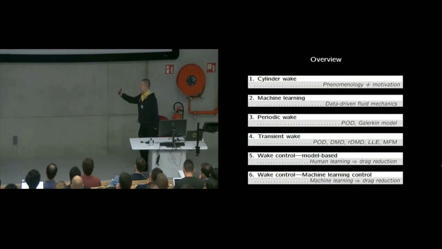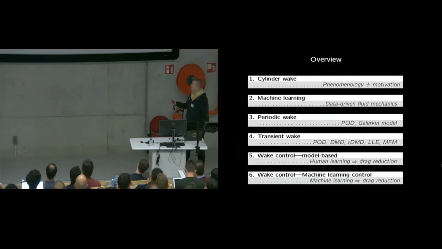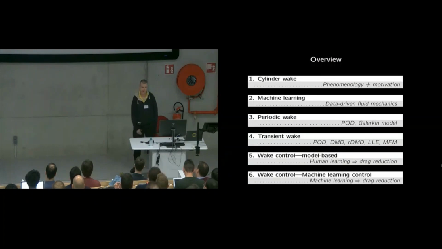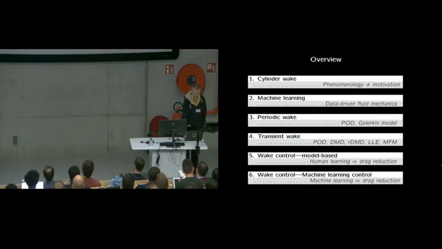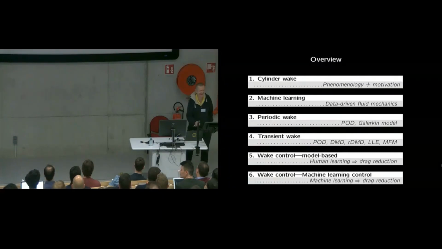And then I will talk about wake control using human learning, model-based, and wake control using machine learning. So machine learning control. And after the third section, I will make a short break, and you can ask a couple of questions if I don't forget. Maybe Miguel, you have to remind me.